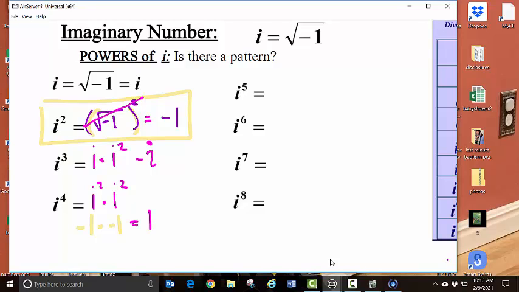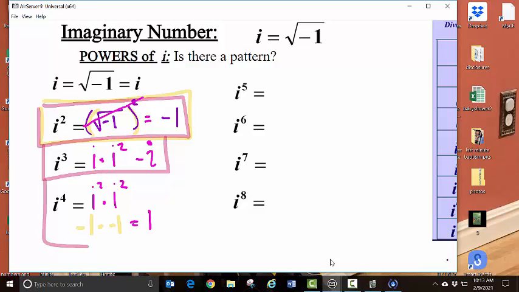So here's the deal. i squared is negative 1, i cubed is negative i, and i to the fourth is 1.